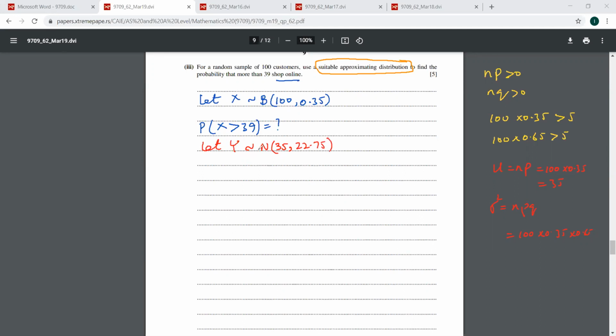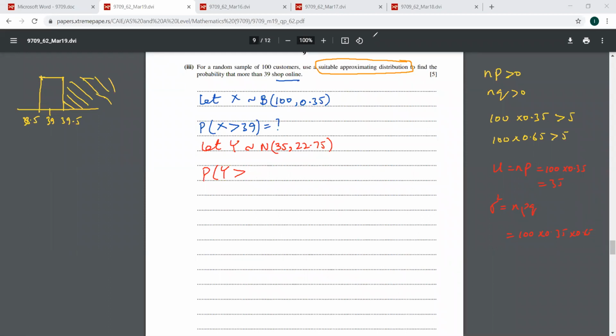Okay, so from this normal distribution, we have to find the probability. Now here comes the continuity correction. Keep in mind that I have this 39 here. If this is 39, it has to be between 38.5 and 39.5. So it is more than, there is no equal mark. So this would be the region that you're going to consider.